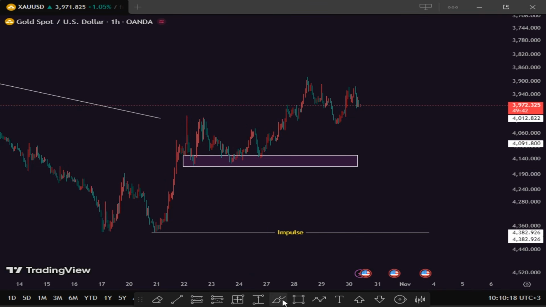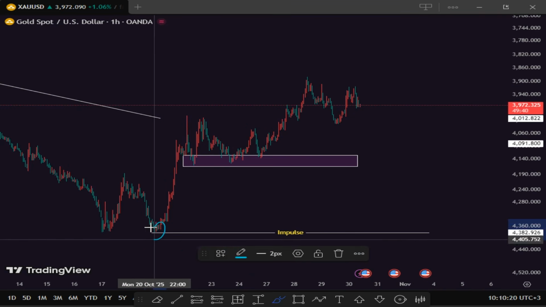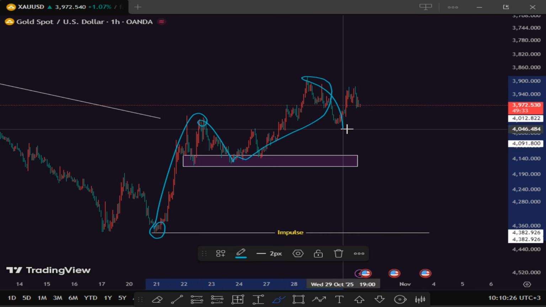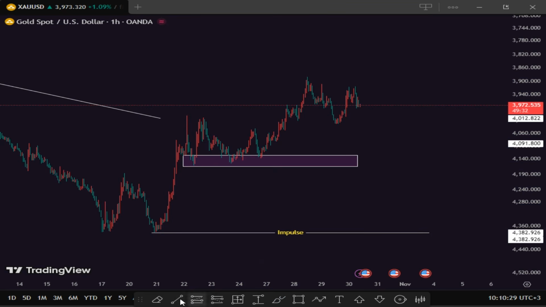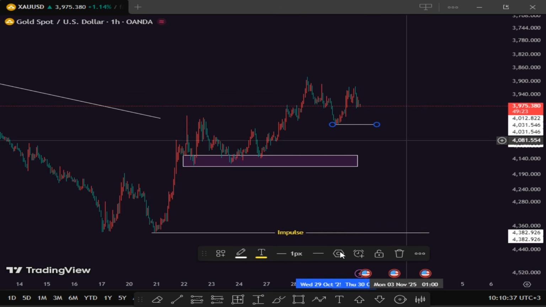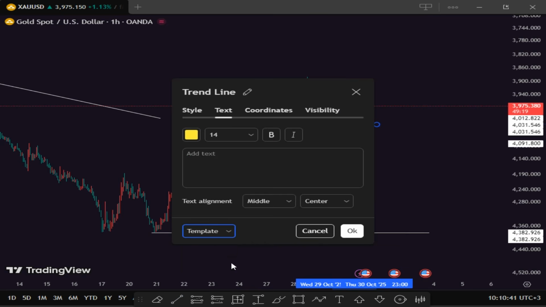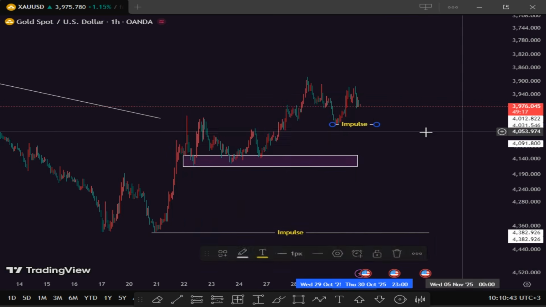Over here I've seen gold created a new low. Remember, I've flipped my screen, then a high, low, and of course high. Good. At the same time we can cater for this zone right here. Let's mark out that zone, because that's another level where we had an impulse phase, so I can call that an impulse right there.